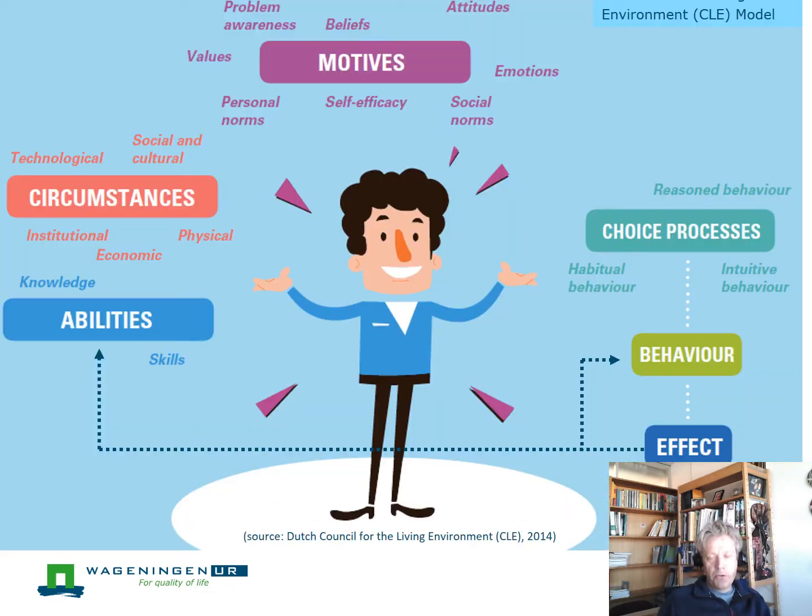In session 2A, we already talked about the different components of this model, where we look at people's motives for considering a different kind of behavior, the circumstances under which they live that might influence those choices, their capacities, their abilities to make change, the kinds of choices they have, which are based on their habits, but also on their beliefs, their instincts and their intuition, but also on what you might call their reasoned behavior or calculated or strategic behavior.